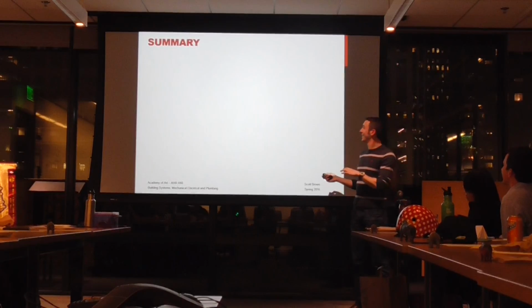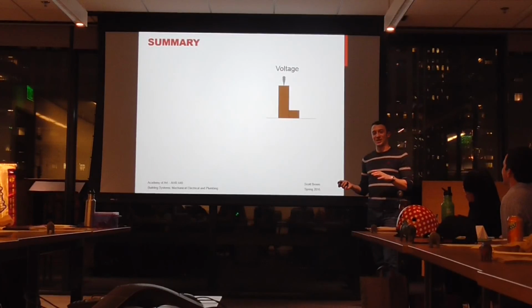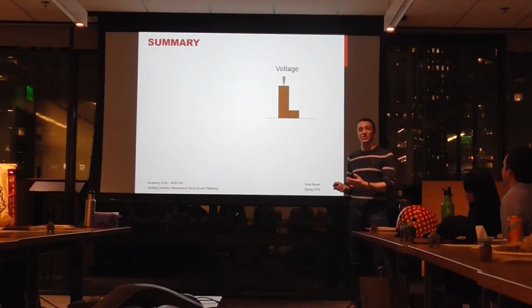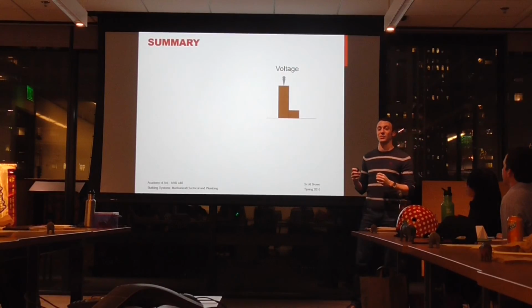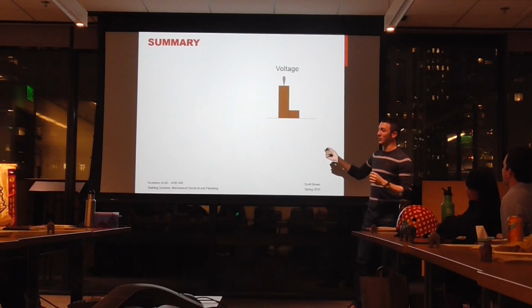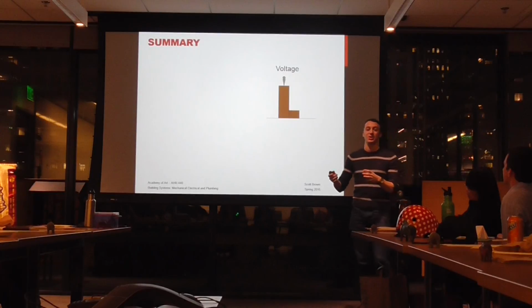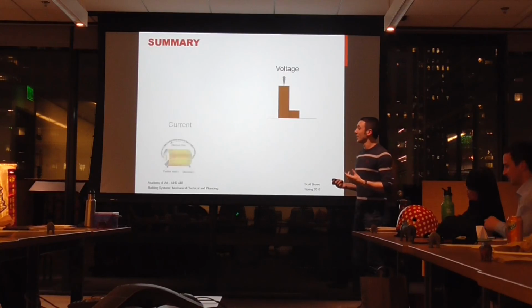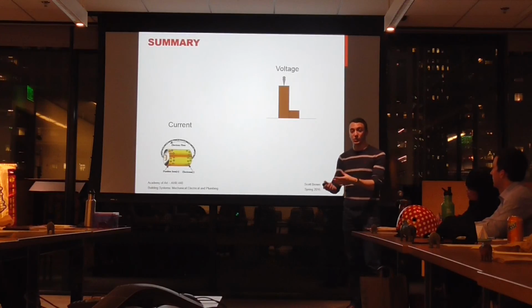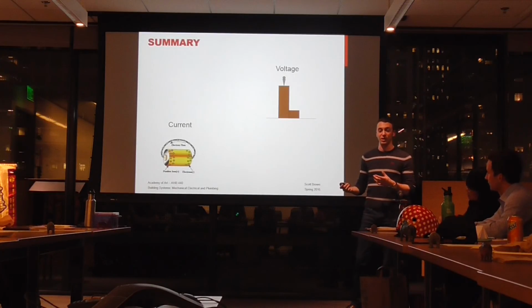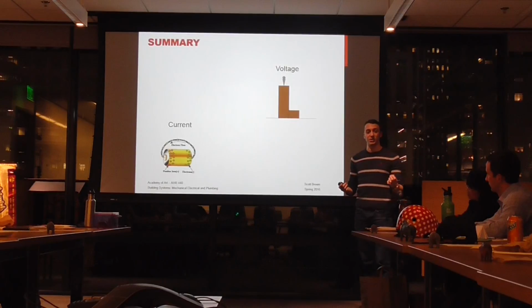So in summary, the fundamentals of electrical engineering. The first fundamental property of electricity is voltage. That's the potential energy difference between 2 points. Like a man standing on a building, there's a great potential for the energy to come into reality. There's current, which is the actual kinetic energy flowing through the circuit, measured by the number of electrons moving per second.